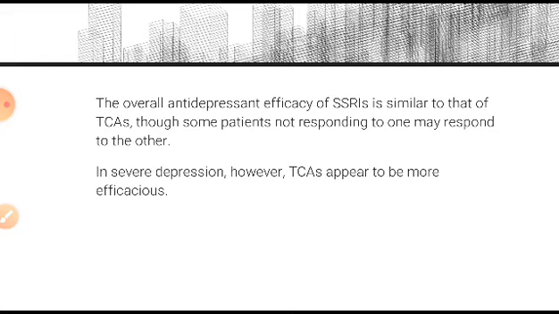So SSRIs and TCAs, I told you, are a very important class of antidepressant drugs. When some patients are not responding to TCAs, they switch to SSRIs, or when they are not responding to SSRIs, they switch to TCAs. In severe depression, however, TCAs appear to be more efficacious. So on the efficacy level, TCAs are better than the SSRIs, but on the safety level, SSRIs are better than TCAs.